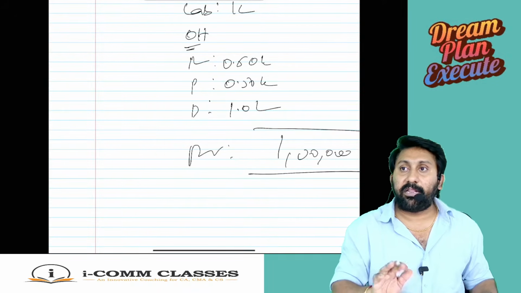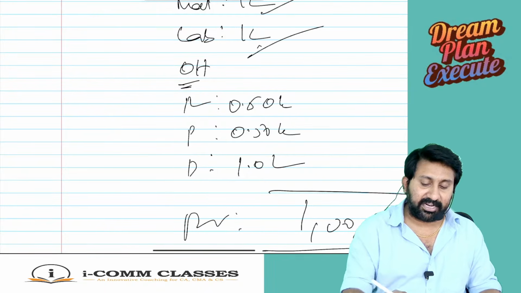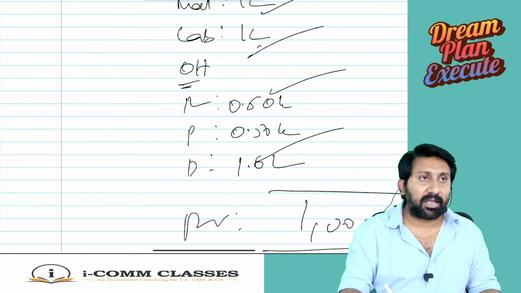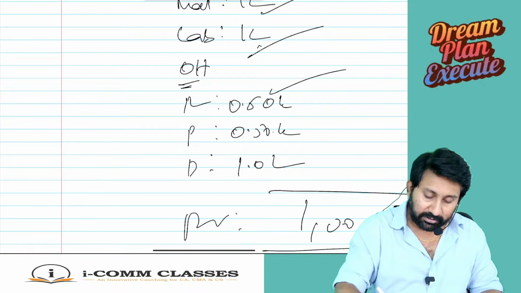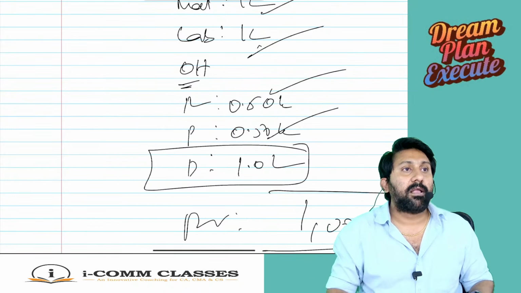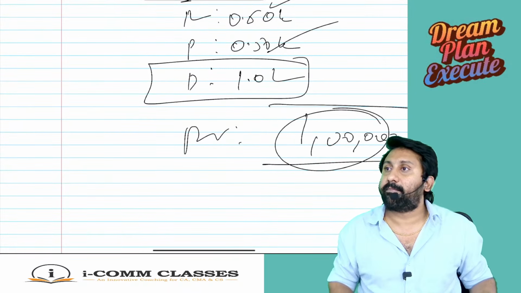1 lakh. In this, material was really spent, this was really spent, this was really spent, and this one I'm very sorry, this one also was really spent this year. But when you see profit, it considers 1 lakh only.